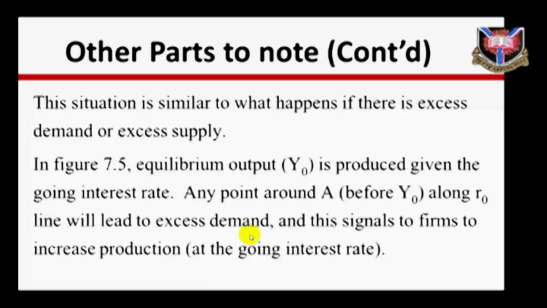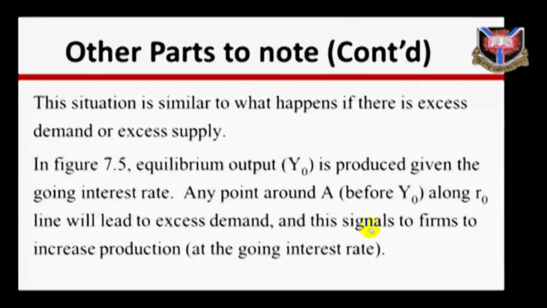Therefore, to the right of the IS curve, holding interest rate constant, excess supply will emerge, and by implication, this will lead to reduction in output. This process will continue until y*, that is equilibrium income, is reached.